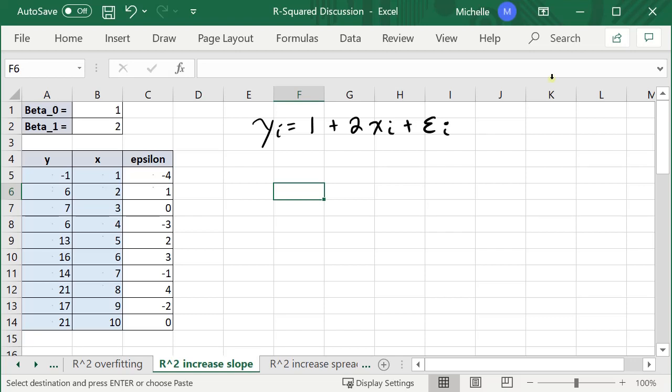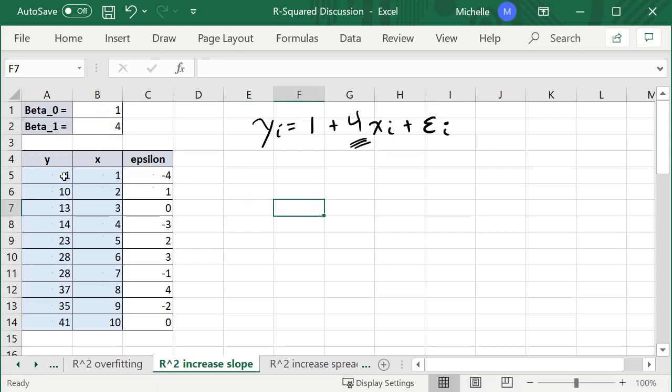And what we want to talk about right now is what happens when I increase this slope. Say instead of 2, I increase it to 4. I don't want to change the way the model is fitting. I'm still going to use this exact same model, the same epsilons. I'm just going to change beta 1 to 4.